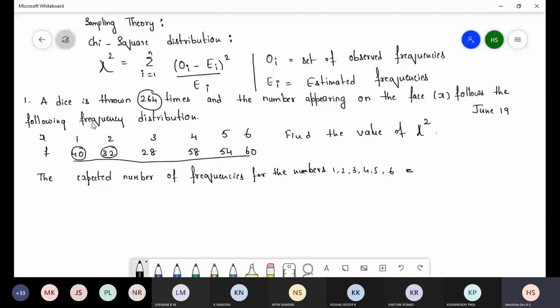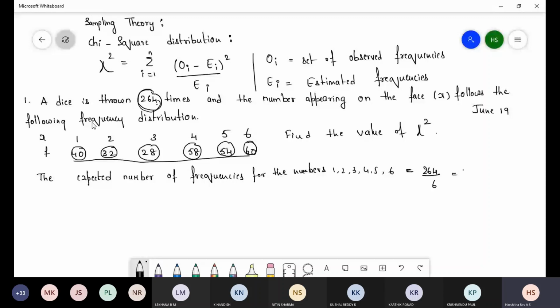So it is a question paper problem. Actually, how many times they have given should match with the frequency in the table, but in this problem it won't match. So we can directly take the dice thrown 264 times divided by number of values in the dice, 6. So we get 44 each.